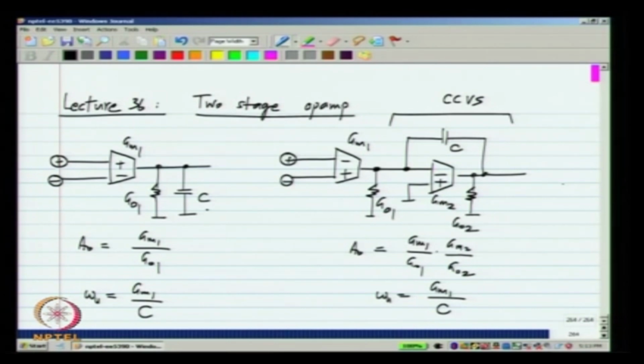Now, we also analyzed this in great detail. When we have this capacitance C1 and a load CL, we saw what happens.